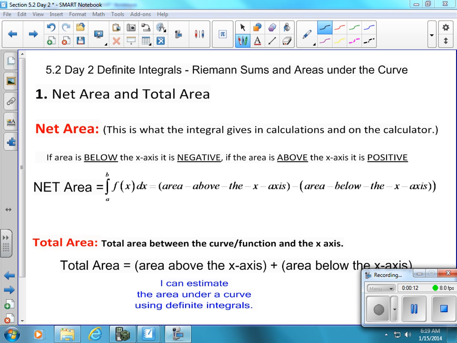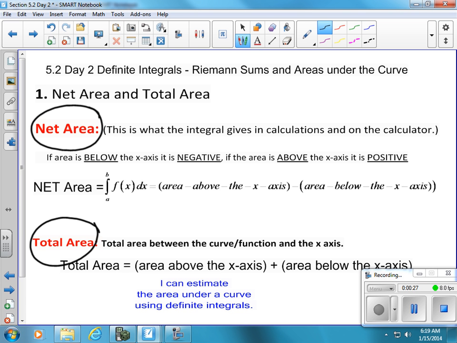This is some more of the same stuff we just did, except now we're going to talk about net area and total area because these can be a little confusing, not really, but a little. The total area is all the area you see on the curve, between the curve and the x-axis.